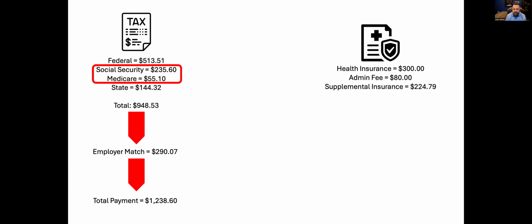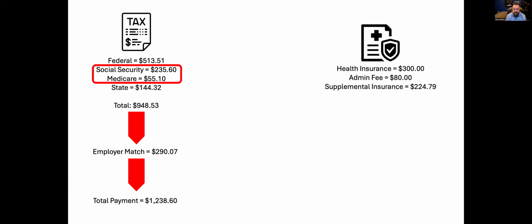Well, let's dive into those deductions. Okay, so the total deductions highlighted in red is that $1,553.32. There are two different categories here. You've got taxes and you've got insurance. So you've got the federal of $714.49. You've got Social Security coming out for $291.40. Medicare $68.15.